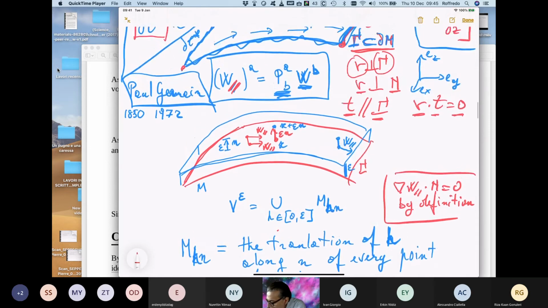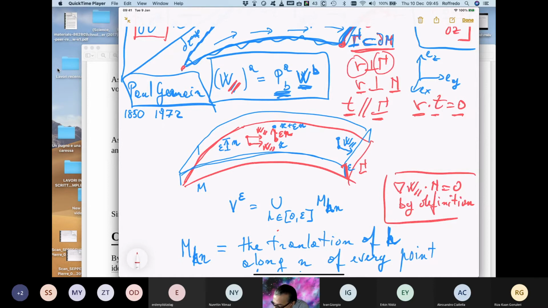Okay, now, which is the trick which we have in mind. We take gamma and we build a small volume having basis gamma, moving along epsilon, along the normal n. So I have called small n the normal to gamma.